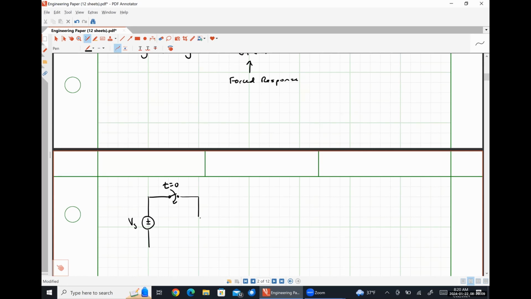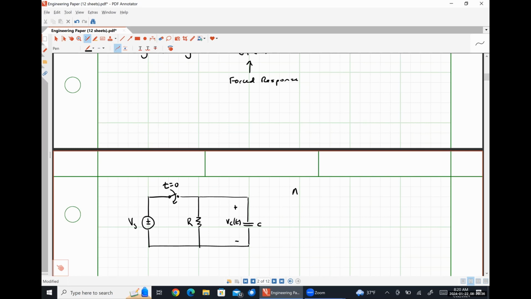Let's talk about what's going to happen. Let's say, just for the sake of argument, that the only thing we're interested in is our capacitor voltage as a function of time.